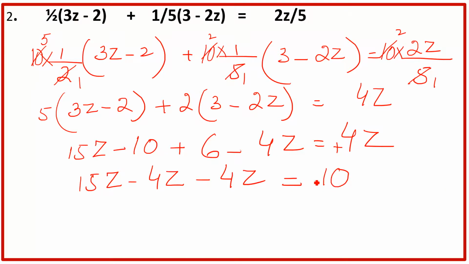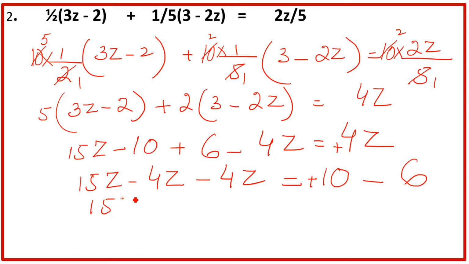If it is positive, it is up to you. If you want, you can write it down. If you do not write it down, it means it is positive. This is positive 6. You have to take it to the other side of the equation. The sign will change. Now it is negative 6. And if something is with the negative sign, you have to write down negative, right?